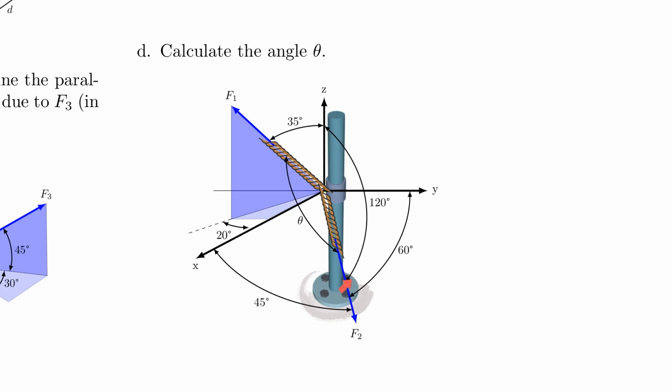Now, you see that the first force here, F1, is given by this 3D interpretation of these angles, whereas the second force is given with the directional cosines. And you can use those to determine the IJK components for F2 as well. And then you can find theta through the dot product.